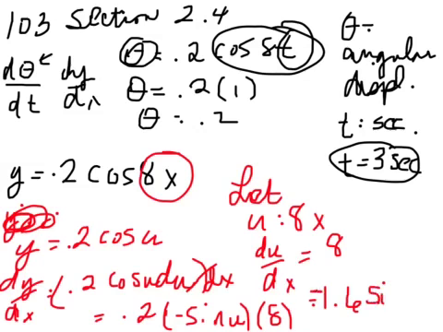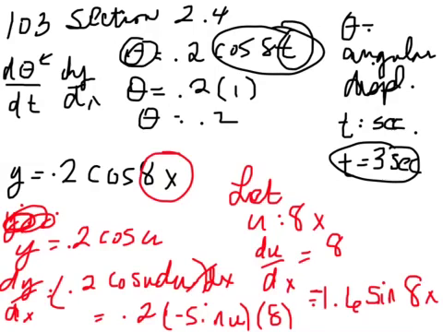And then sine, what is u? Really, it is 8x. I go back, it's like I'm just using that u to treat this like a composite function. It's also that idea of substitution so that I can work this problem and divide it into parts more easily and get through it. So my derivative would be negative 1.6 sine 8x.